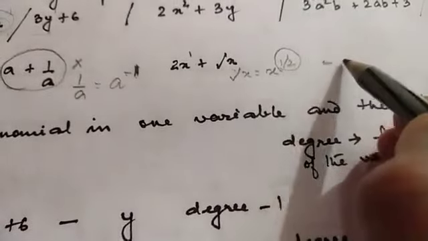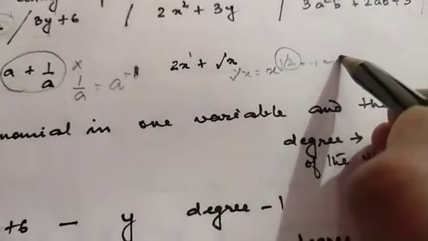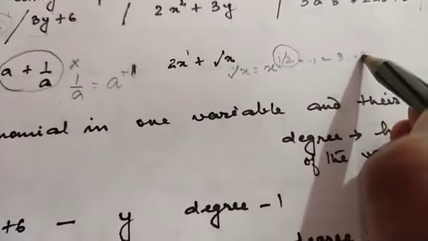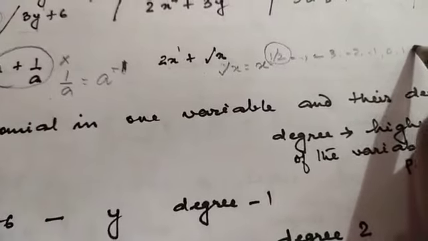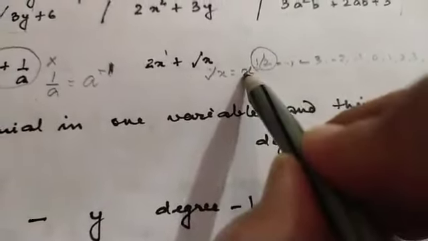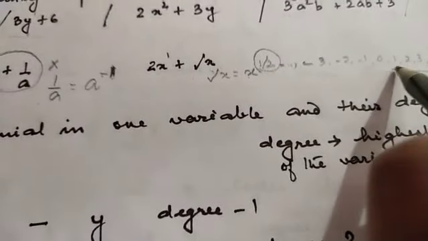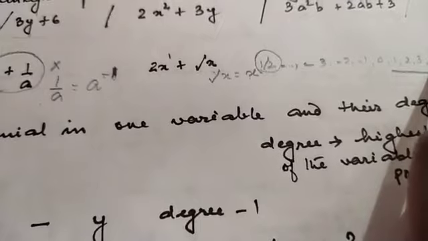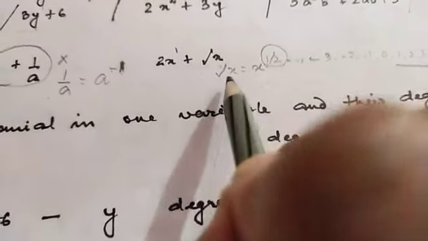We have integers as minus 3, minus 2, minus 1, 0, 1, 2, 3. But here in polynomials, we take only positive integers. And 1 by 2 is not an integer. So this expression is not a polynomial.